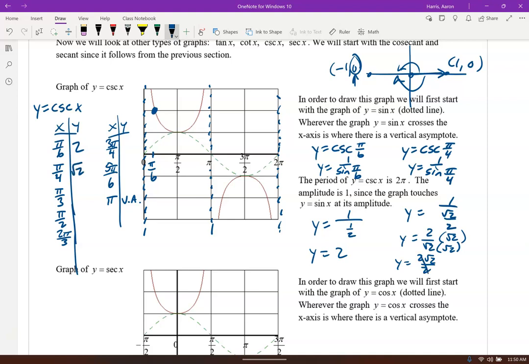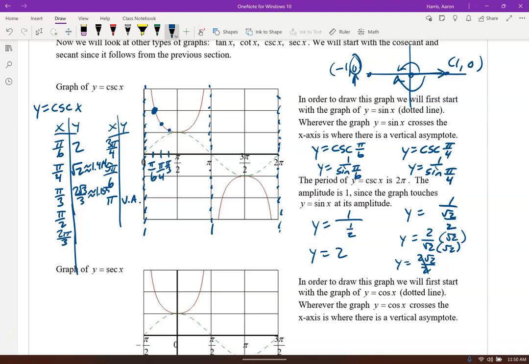Well, root 2 is about 1.414. So pi over 4 spits out 1.414, and I put that dot on. I plug in pi over 3, so I'd have 1 over root 3 over 2, so that'd be 2 root 3 over 3, or 1.155. That's at pi over 3. I put that dot on there.